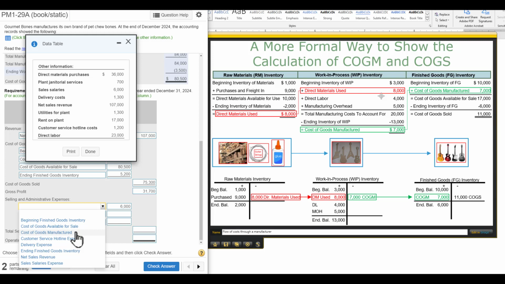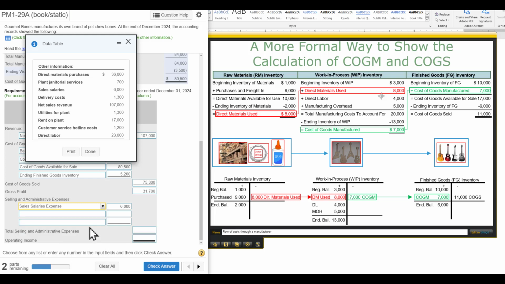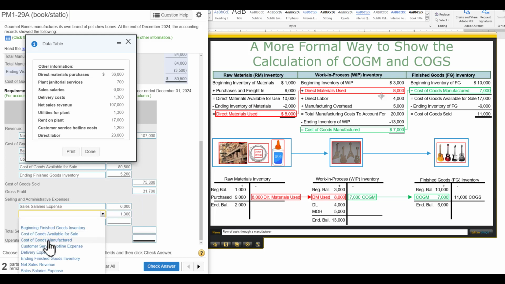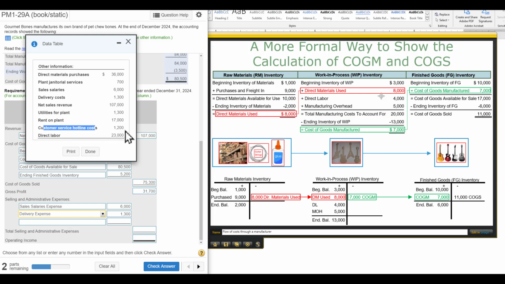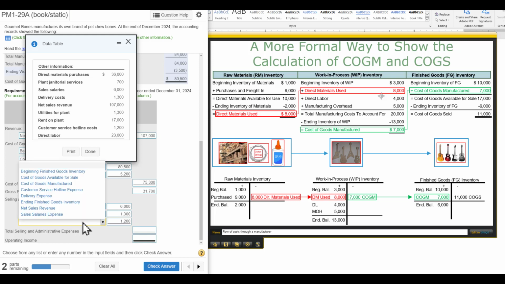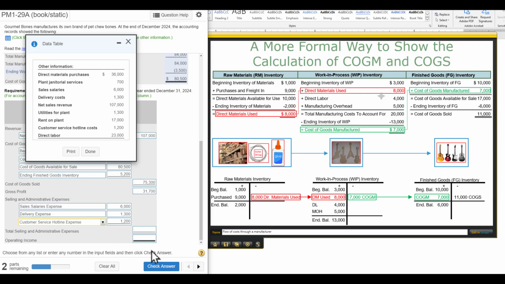And this is sales salaries expense. Let's see what else we got. These delivery costs. This is a selling cost, so 1,300. Delivery. And let's see here, customer service hotline costs. That is not a product cost. That's for maintaining our product, our warranty and stuff like that. So that is called customer service hotline expense. There we go.